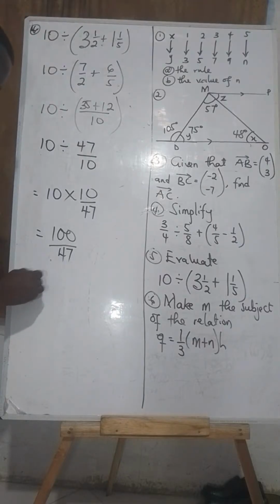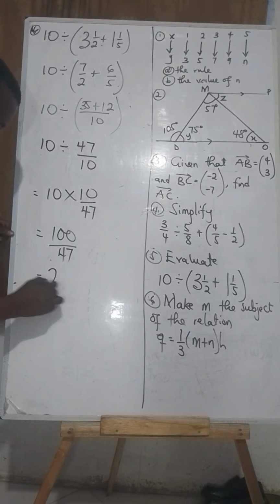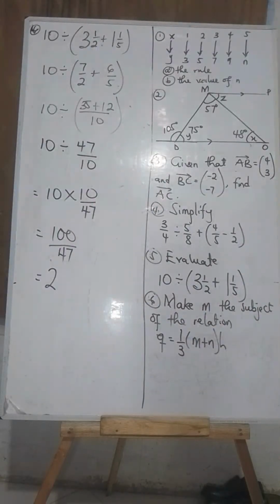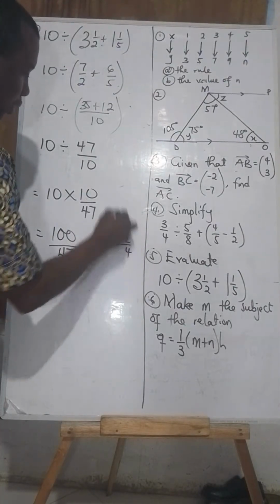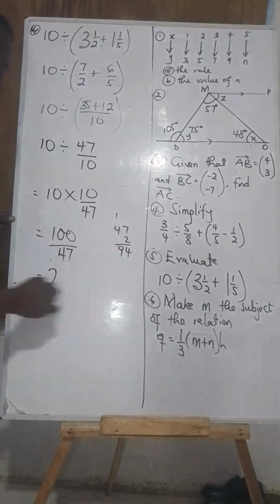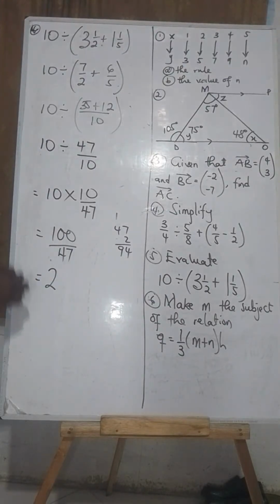If you want to change to mixed fractions, that will be 2 whole number, 47 into 100, 2 times 47 is 94, meaning there will be a remainder of 6. So 6 on 47. So that will be your answer for that.